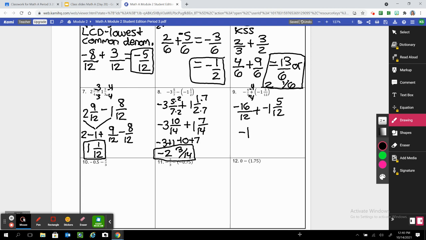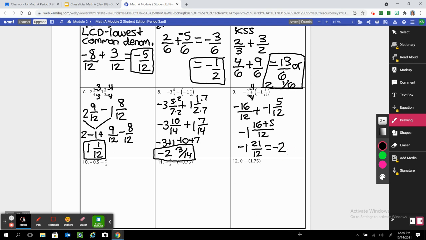And then if I add 16 and 5 together, 16 plus 5, and I'm going to keep that over 12, I will get -1 and 21/12. Okay, we can't leave it like that though, because 21 is larger than 12. So I'm going to write it as another whole number added to -1.